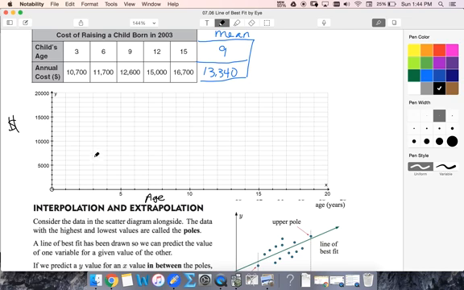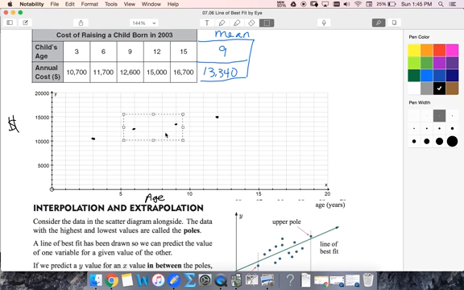So, all right, 3, 10, 7, and then 6, 11, 7, and then 9, 12, 600. So there's 12,600. 12, 1,500 is here. And then this one looks like it's too high. Both of those are too high.